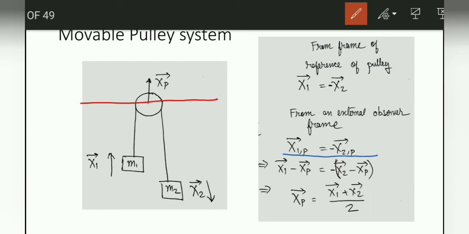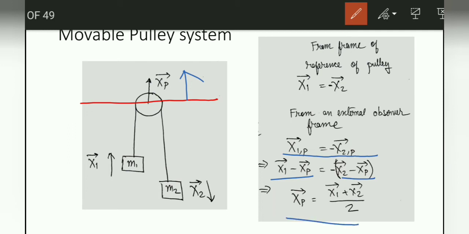Now this line is also moving, but we will not worry at all, because we have written the expression with respect to the pulley. So what is the displacement of object 1 with respect to the pulley? x1p vector, that is x1 vector minus xp vector. x2 vector minus xp vector is x2p vector, and there is a minus sign.